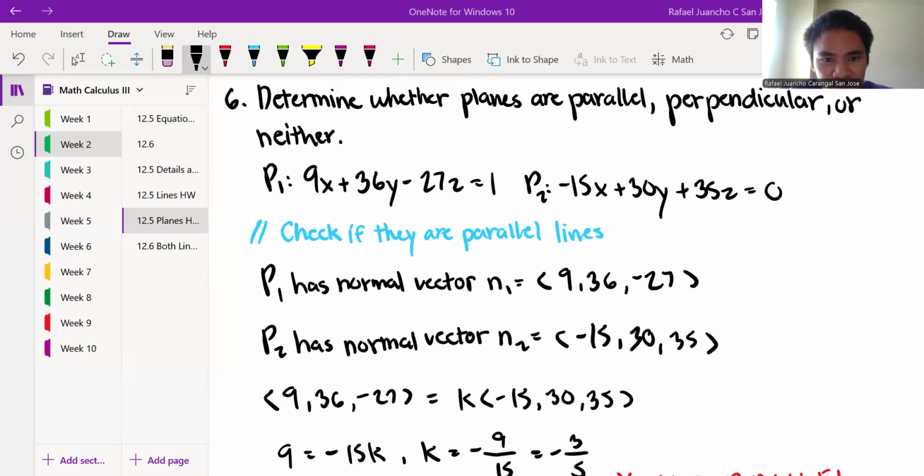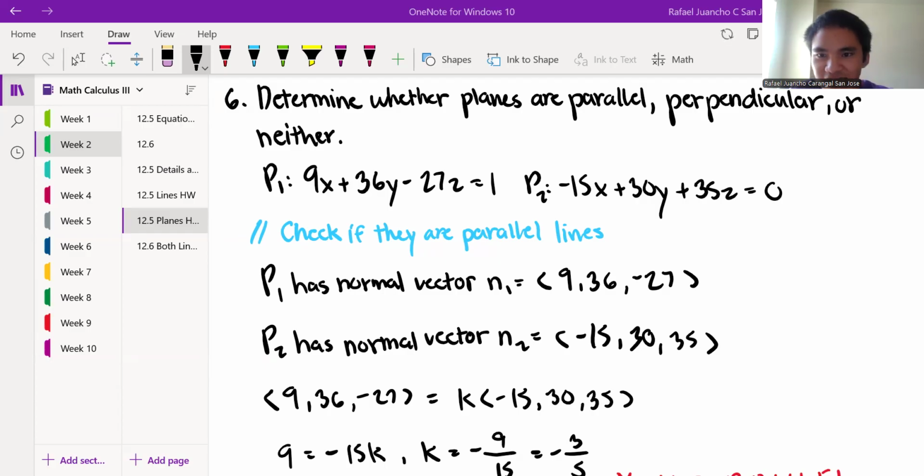Okay, I got their vectors. Okay, they're not standard.